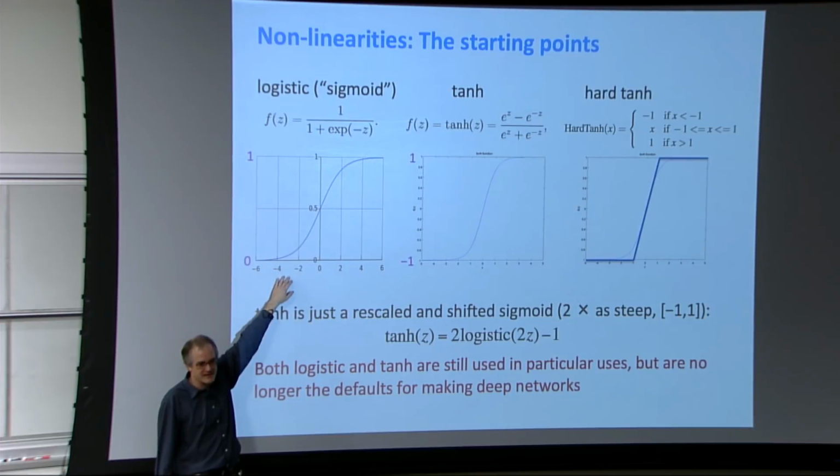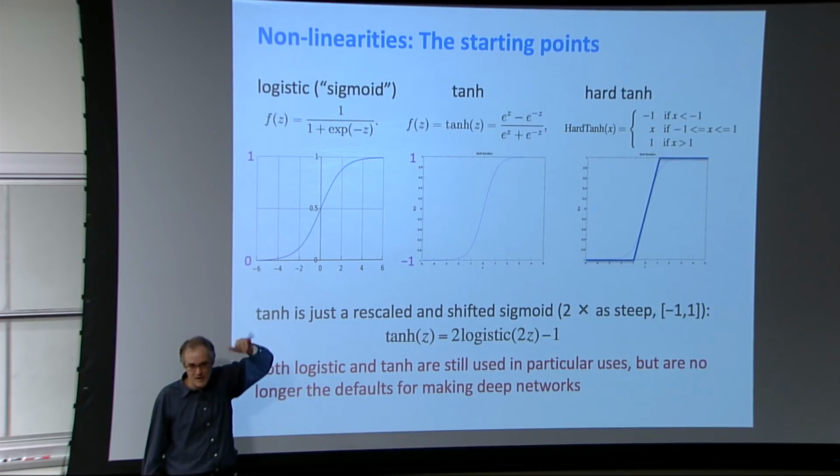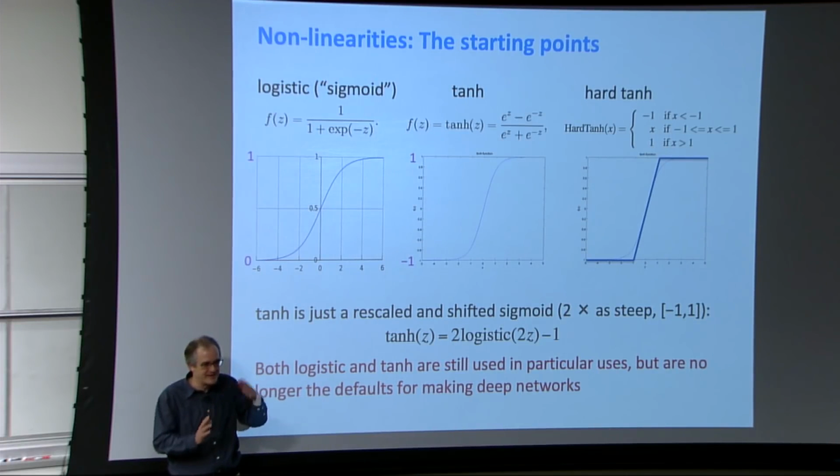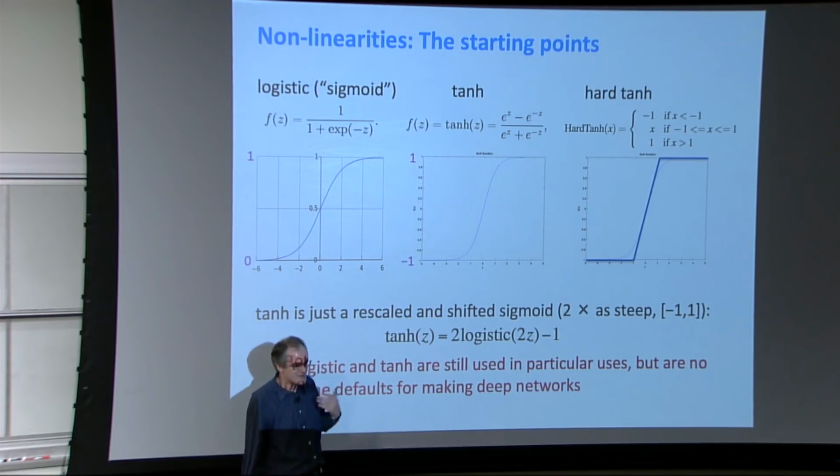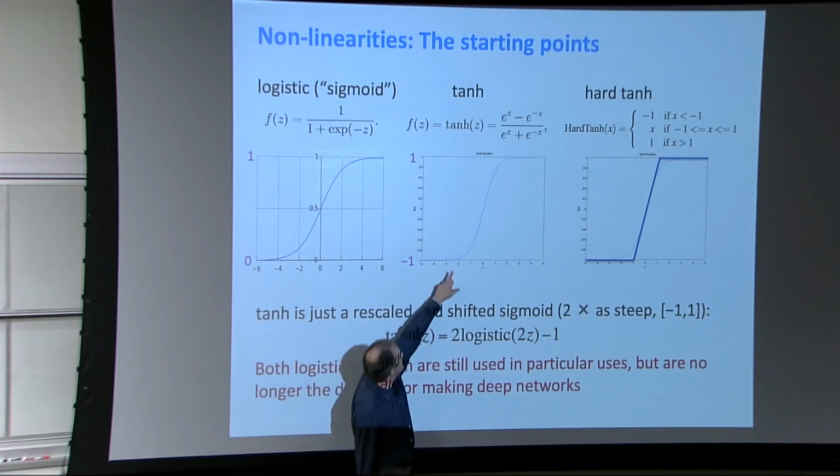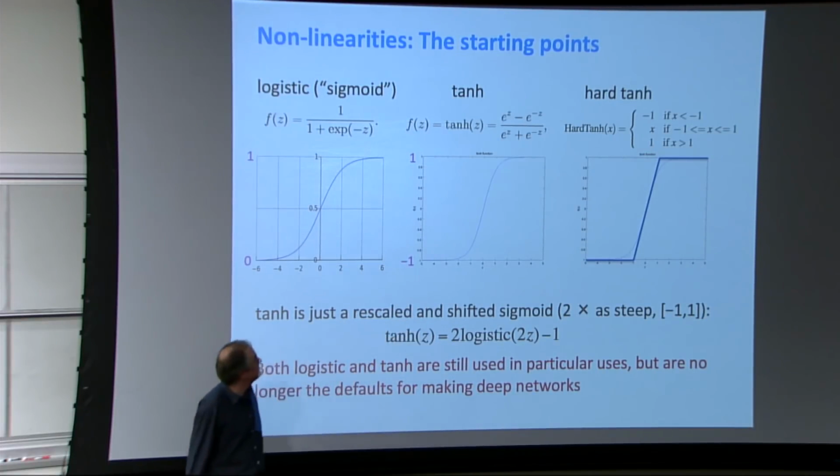The only place these are used is when you actually want a value between 0 and 1 as your output. We'll talk later about gating in networks, and gating is a place where you want a probability between two things, and then you will use one of those, but you use them absolutely nowhere else.